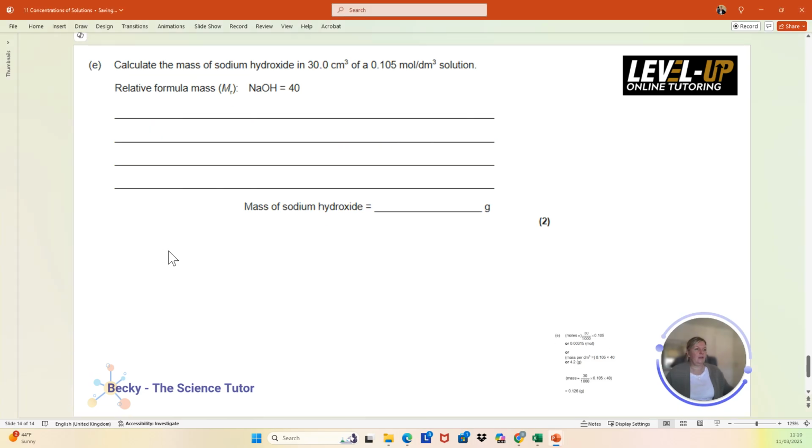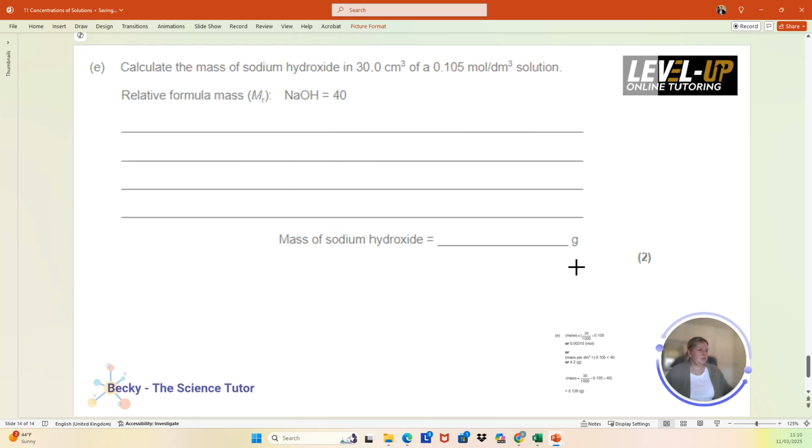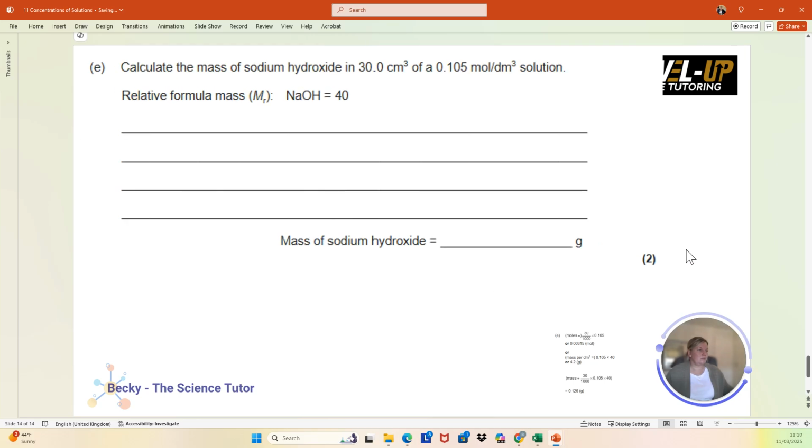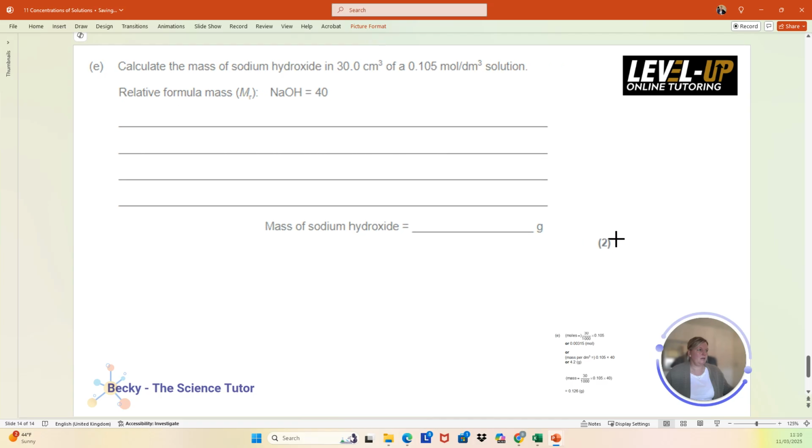And one final one then, guys. Let's just make that as big as we can. Okay. So calculate the mass of sodium hydroxide in 30 centimeters cubed of a 0.105 mole per decimeter cubed solution.